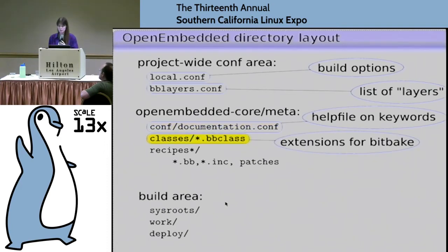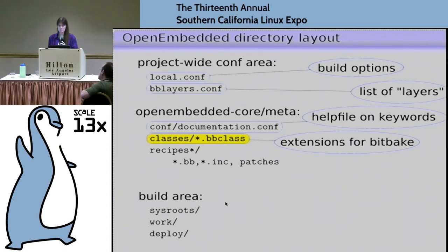Next, you'll have a directory called classes with a whole bunch of files called blah blah.bbclass, and these are how BitBake gets to be so flexible. These are extensions for BitBake. It will dynamically load up the BB classes for all the layers that you have enabled and learn new tricks.